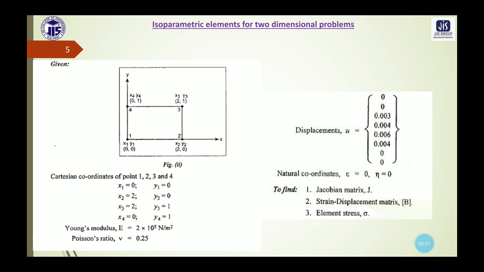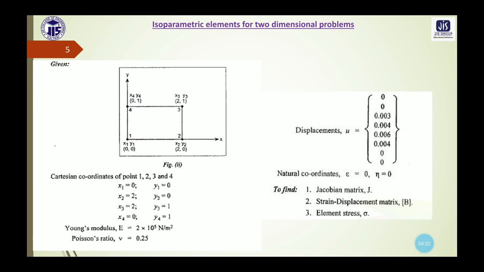For node 2 the coordinate is 2 0, that means x2 is 2 and y2 is 0. For node 3 the coordinate is 2 1, so x3 is 2 and y3 is 1. For node 4 the coordinate is 0 1, that means x4 is 0 and y4 is 1.